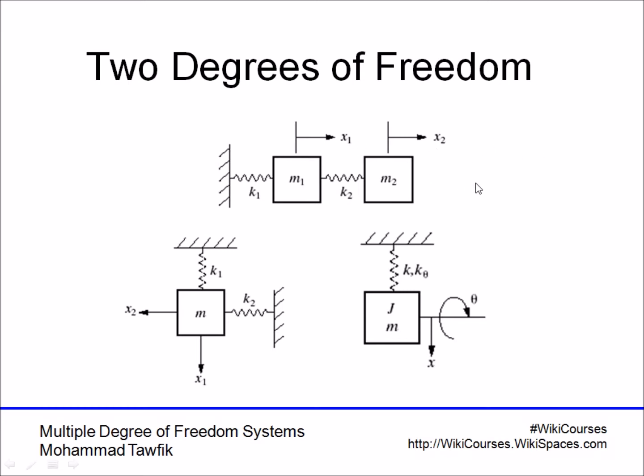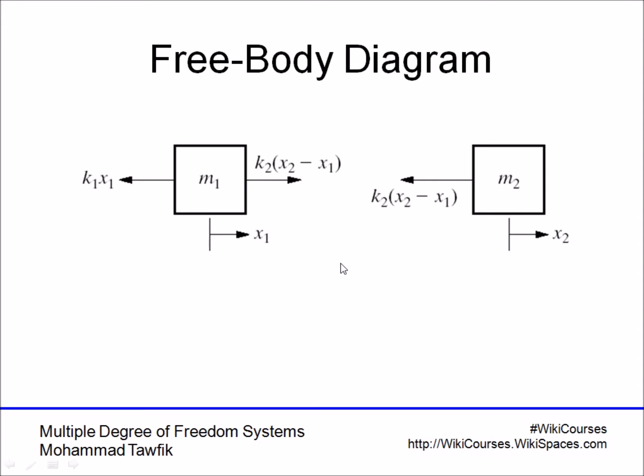So the states of the system are x1 and x2, masses m1 and m2. We have stiffnesses k1 and k2. Now when we try to write the equations of motion, we'll find that the forces acting on the first mass are the force created by the spring K1, which is always against the motion, and the force acting by the spring K2, which actually depends on the difference between how much each of the two masses is moving.